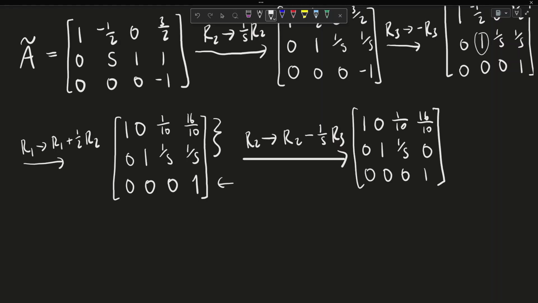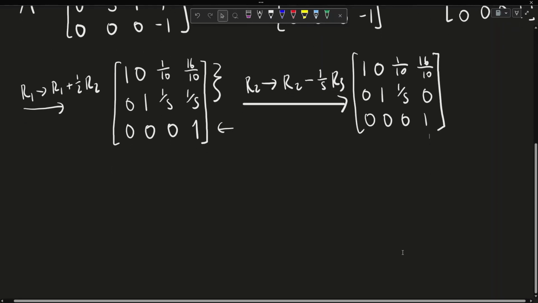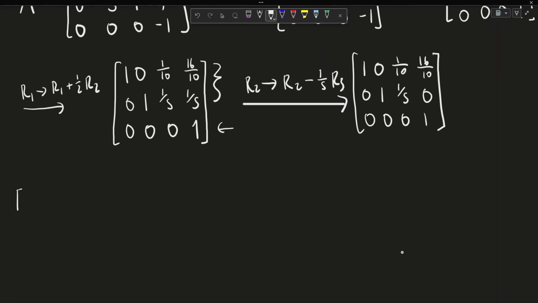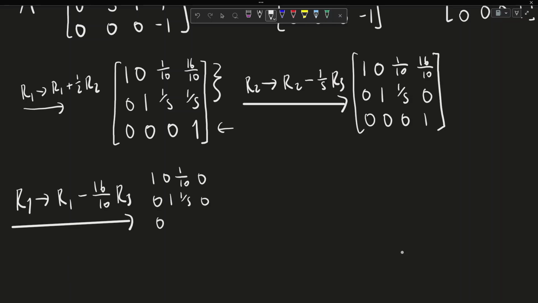And then for the final matrix in reduced row echelon form, we subtract 16/10 of row 3 from row 1, which looks like this. And so this is our final A in reduced row echelon form.